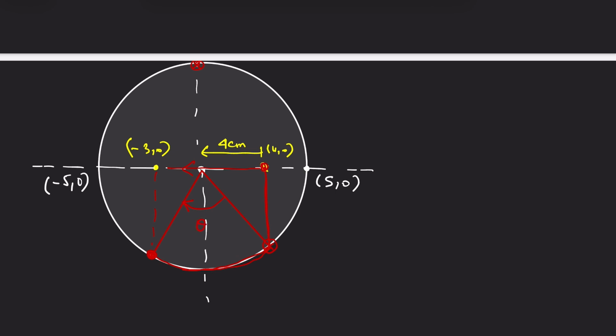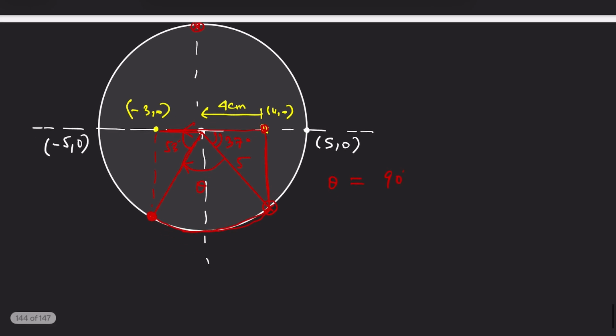If this is 4 and this is 5, we can say this angle will be simply 37 degree. And if this is 3 and this is 5, this will be 53 degree. I hope you're getting this. So theta would easily be 90 degree.